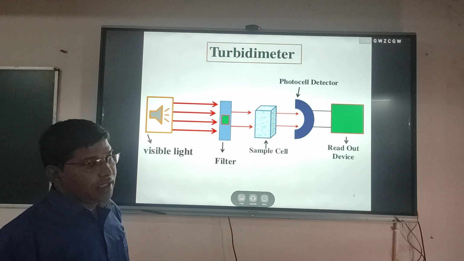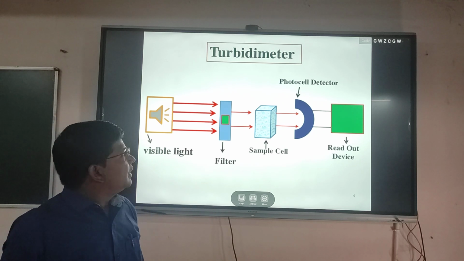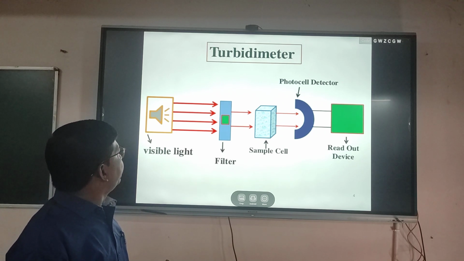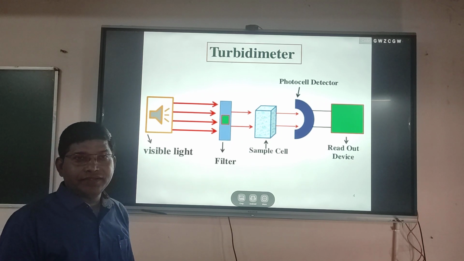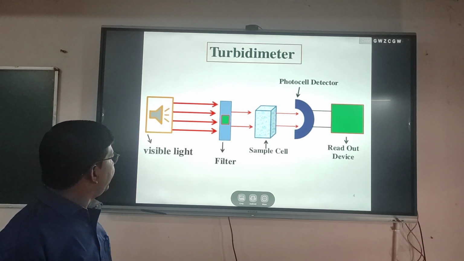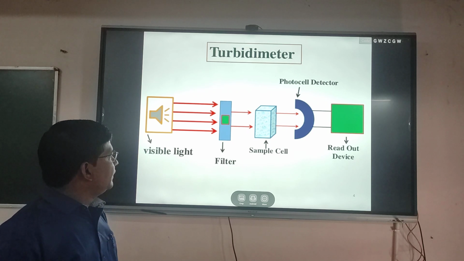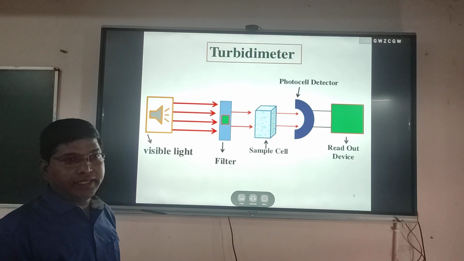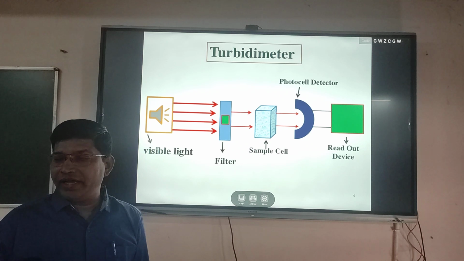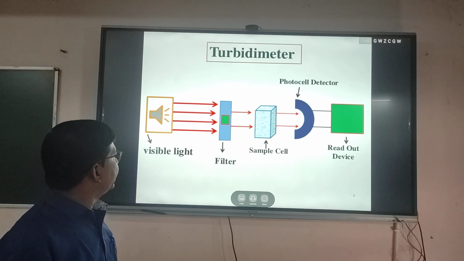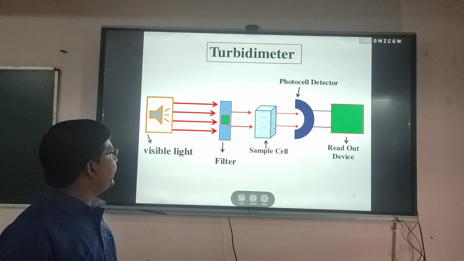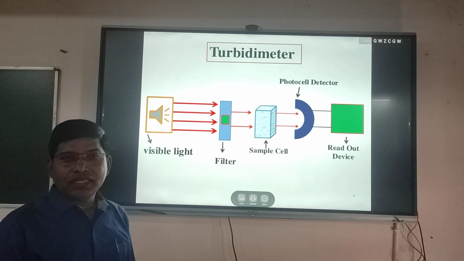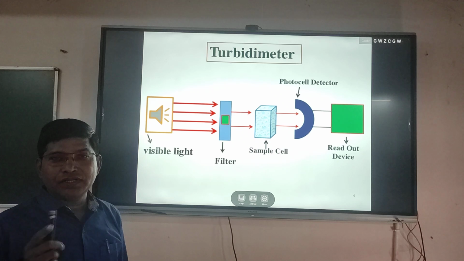This is a block diagram for turbidimetry. We have visible light, from violet to red color, and a filter. The function of the filter is to exclude all wavelengths of light except one single wavelength.